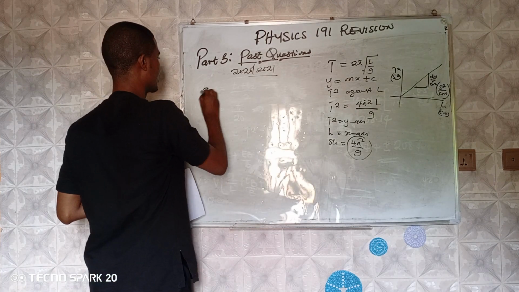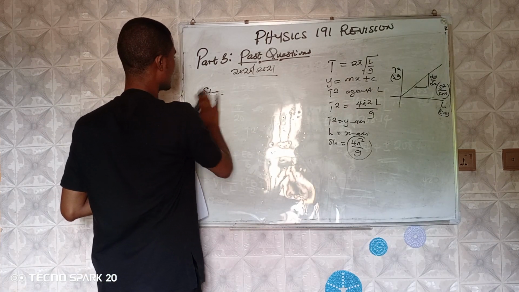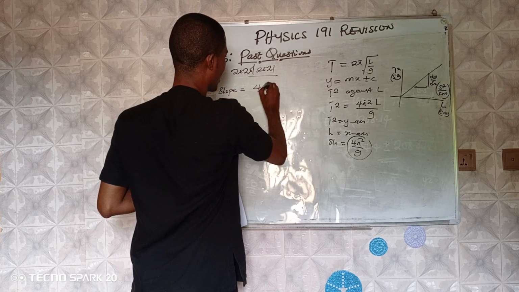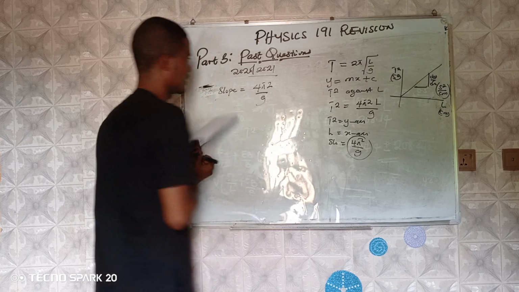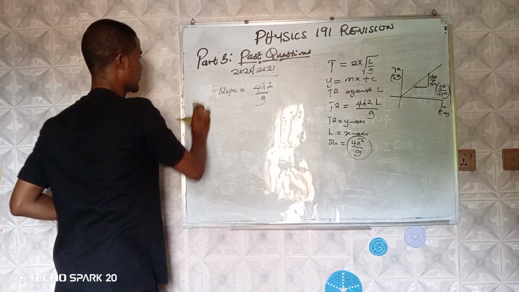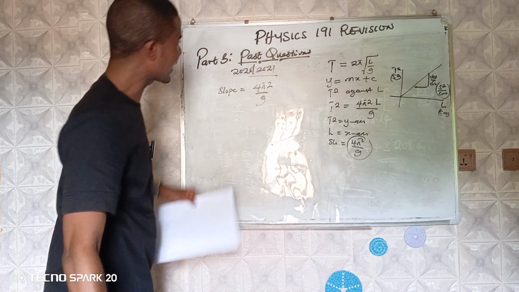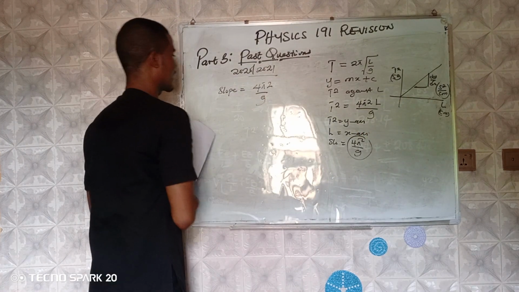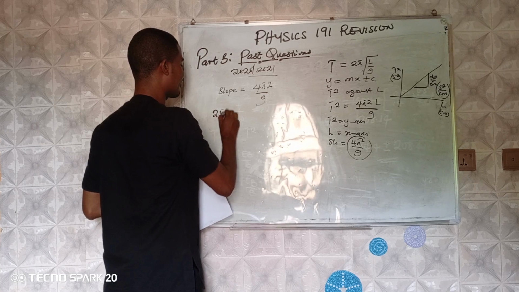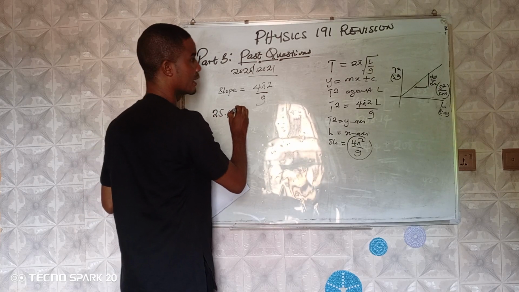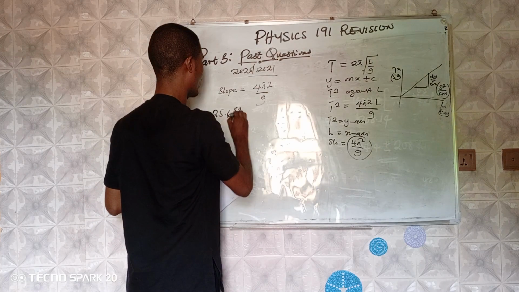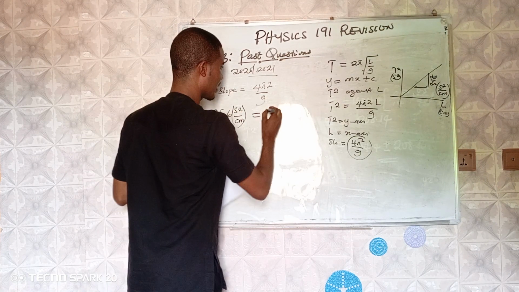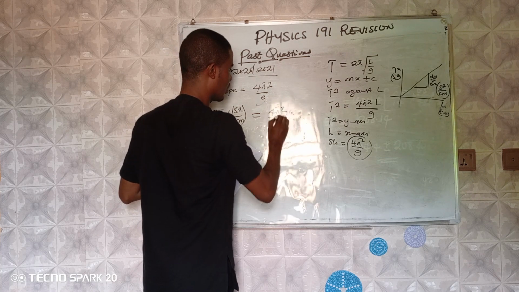If slope is equal to 4 pi squared over g, we want to find the value of g. Remember that you must have gotten the value of your slope from the graph. Let me take an example that the value of slope I got was 25.6 second squared over centimeter. Then 25.6 equals 4 pi squared over g.